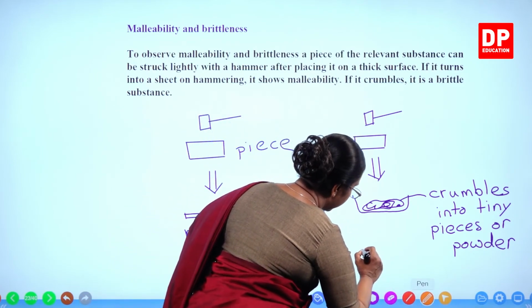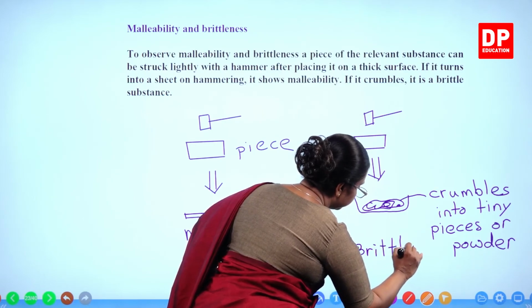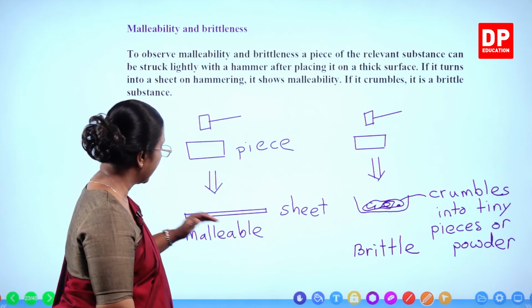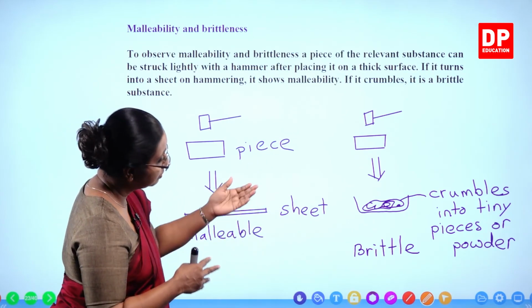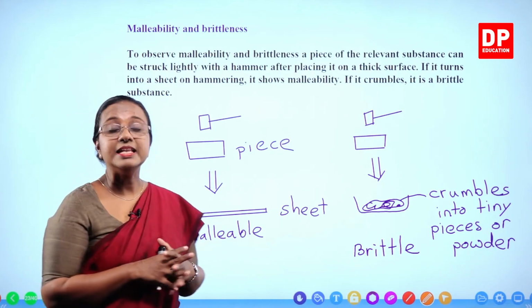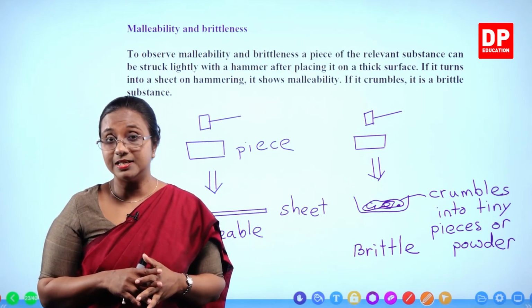Then we say it is brittle. So if they can be hammered into sheets, then they are malleable. Otherwise, if they crumble into tiny pieces or powder, they are brittle. That is how we identify malleability and brittleness.